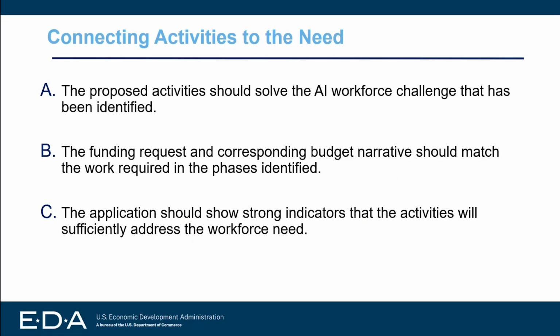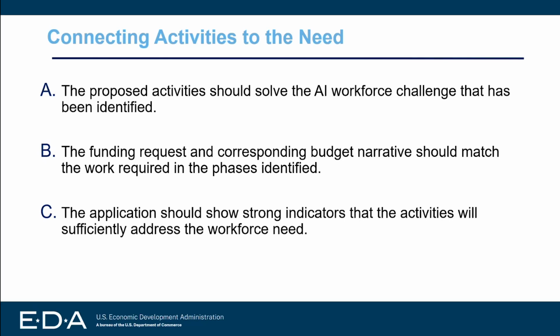So here we're introducing three core ideas that should be tightly connected throughout your project. First, your activity should directly address the AI workforce need identified earlier. There, we should see a clear line from the challenge described to the solution being proposed. Second, the funding request must align with those activities.